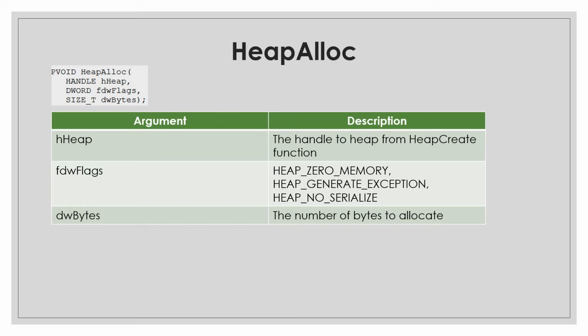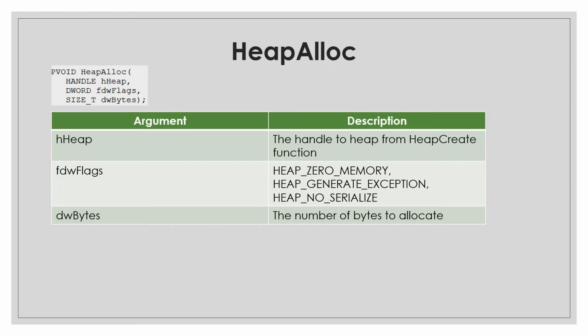The second argument is a set of flags, which can again be provided as a set of values combined with the bitwise operator. Or you can say that you can provide two or all the options with the bitwise operator. HEAP_ZERO_MEMORY means that after allocating the block, the entire block should be initialized with 0.